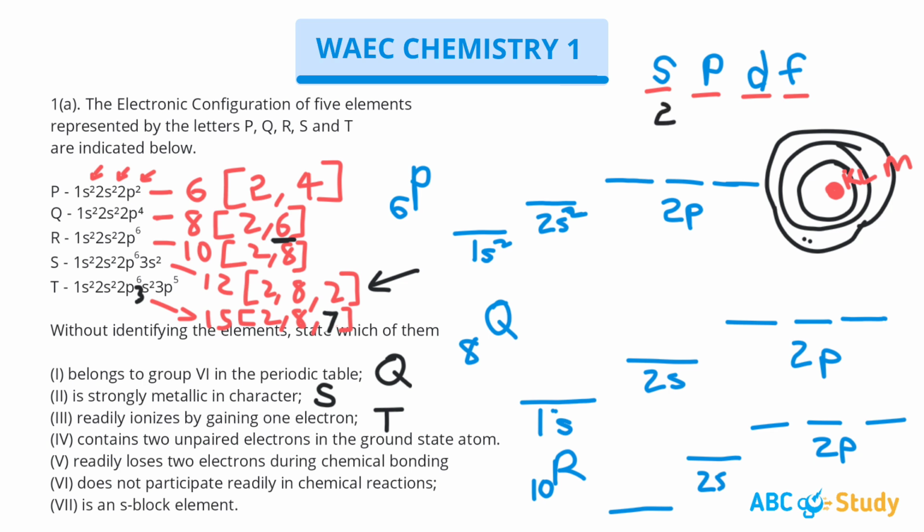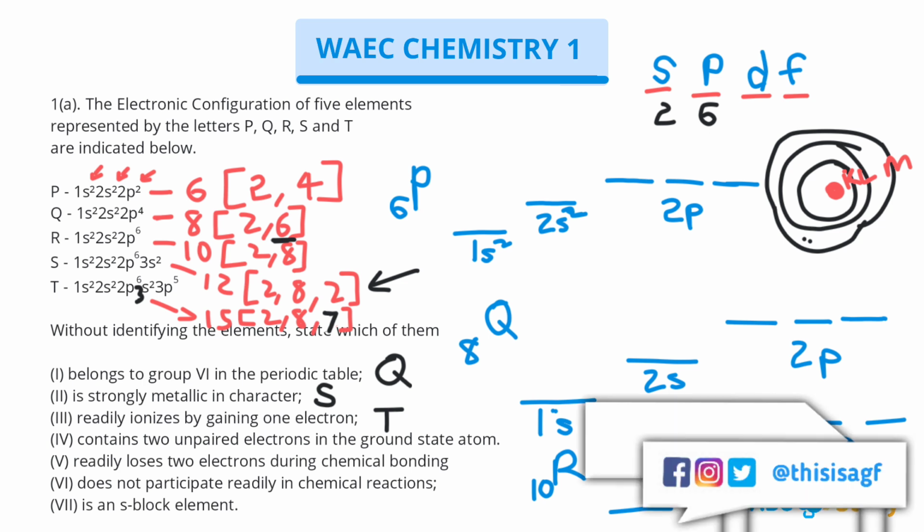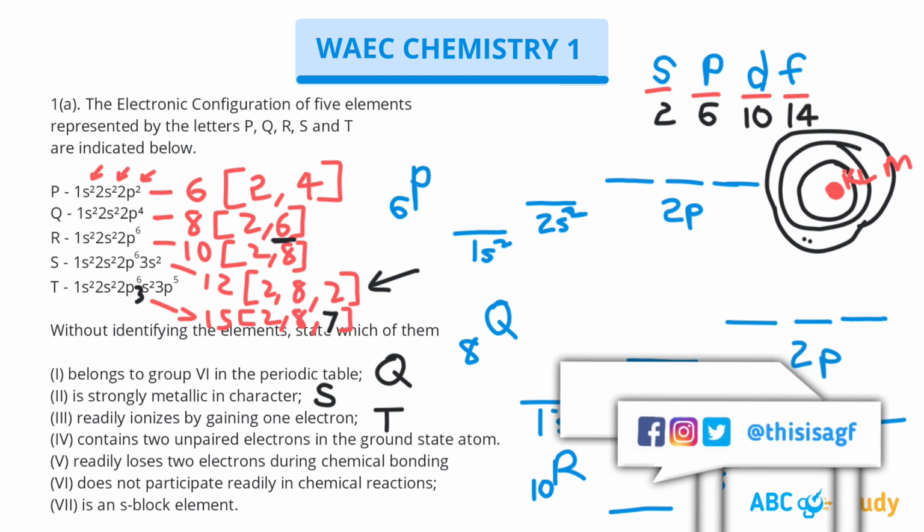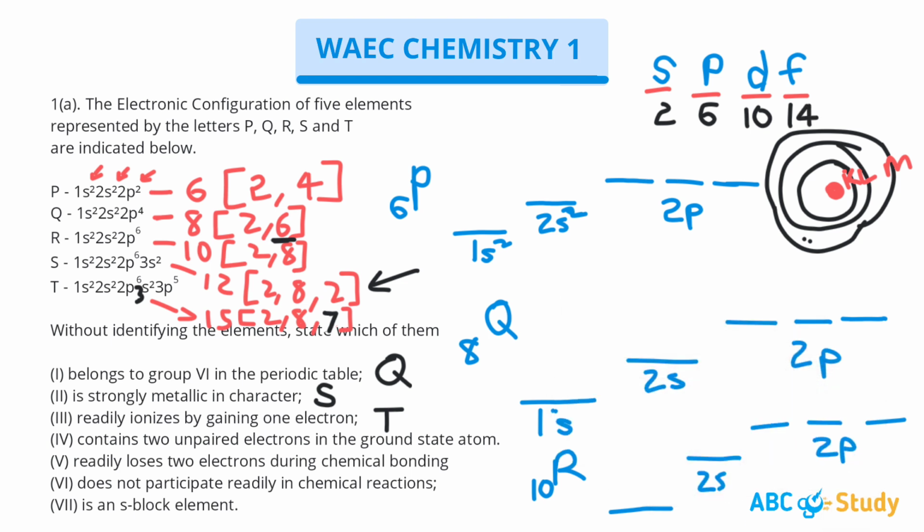We have p to have 3 orbitals, and it contains 6 electrons. We have d to have 5 orbitals, and it contains 10 electrons. And we also have f to have 7 orbitals, and it contains 14 electrons.